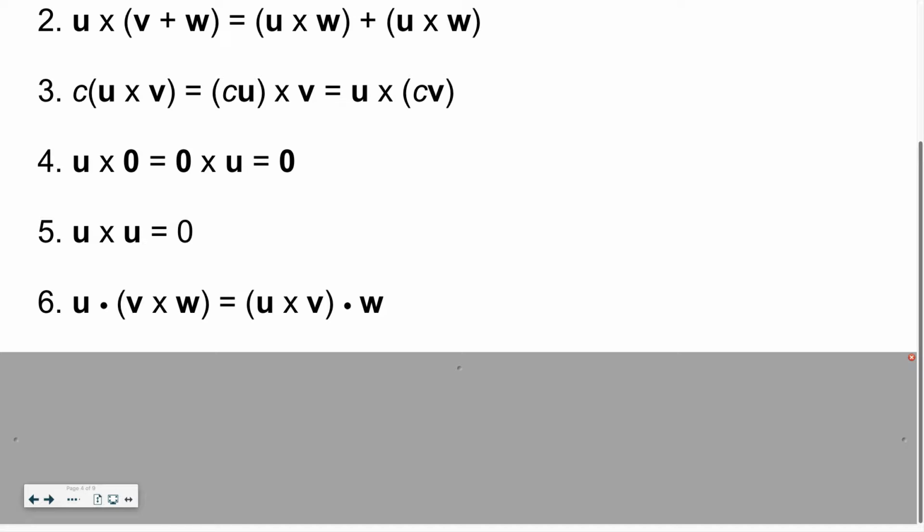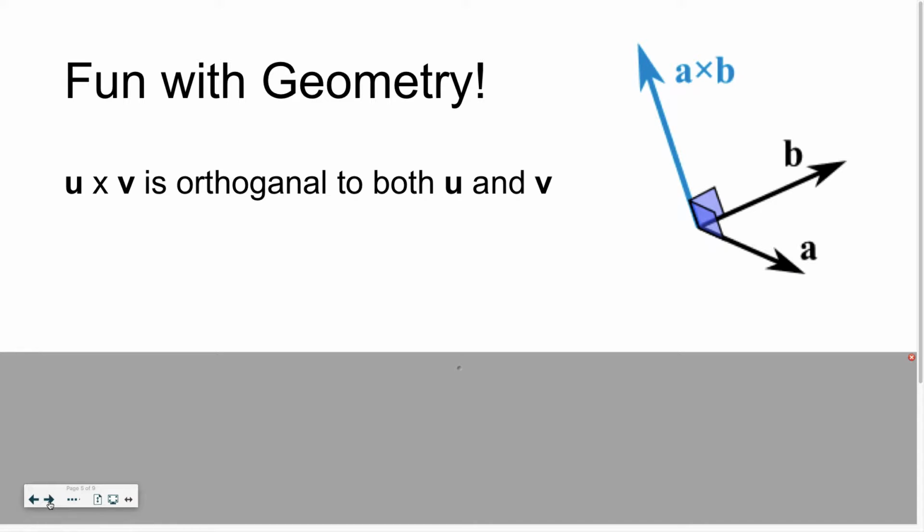In Physics 2, those of you who take it next year, you'll learn about the right-hand rule. What happens when you take the cross product of two vectors? Your outcome is actually a vector that is perpendicular, aka orthogonal, to both. Here's A, here's B, U and V, whatever you want it to be.